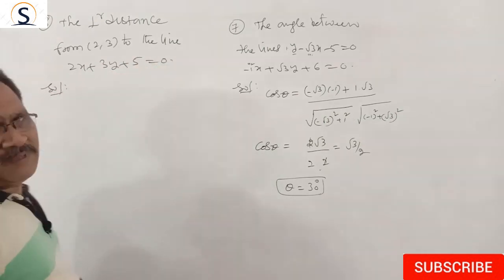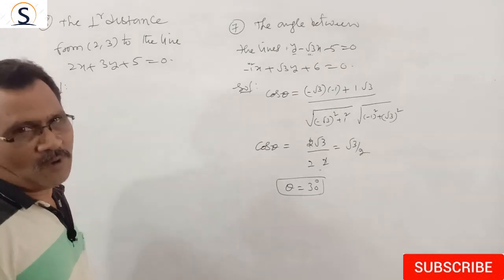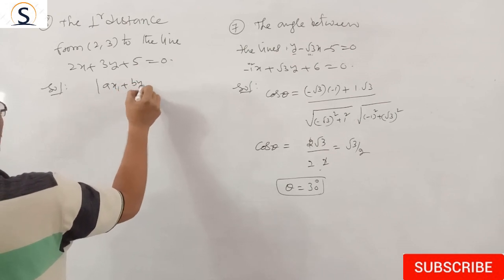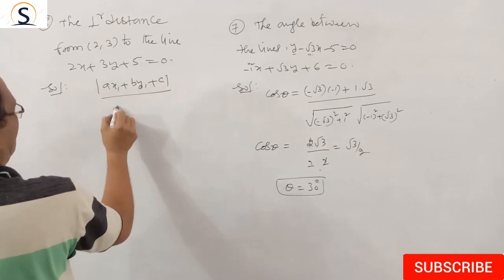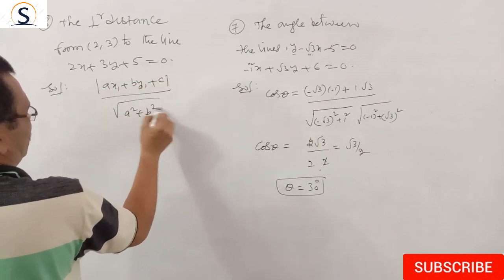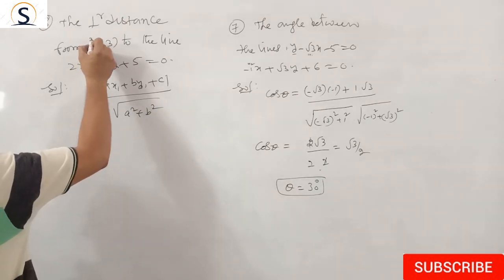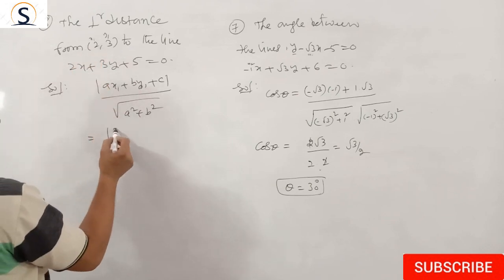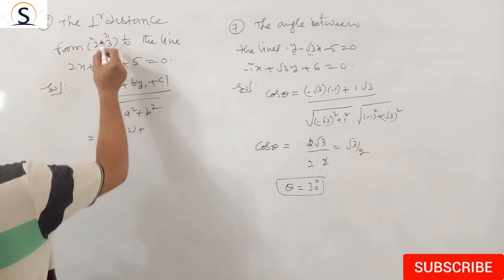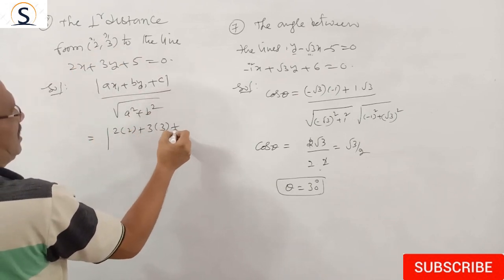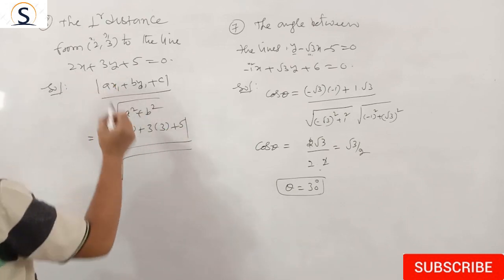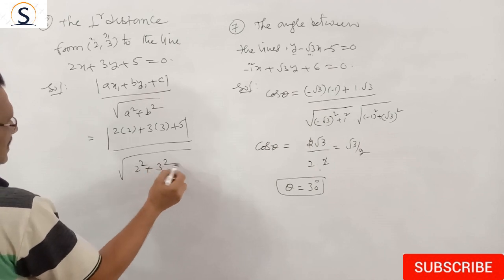Perpendicular distance from the point x1 y1 to line is mod ax1, I'll write once, ax1 plus by1 plus c by under root of a square plus b square. This is x1 y1, okay, mod 2 into 2 plus 3 into 3 plus 5 under root of a square plus b square. A square plus b square is 2 square plus 3 square.